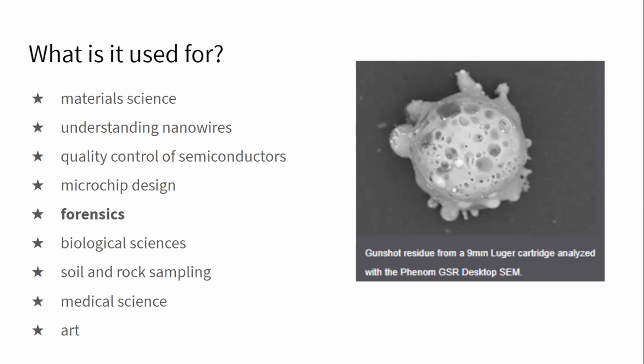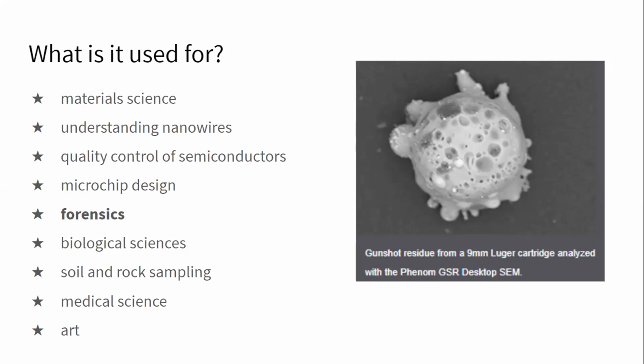So in forensics, electron microscopy can be used with microtrace evidence. So they find microtraces of glass or paint fragments, tool marks, drugs, explosives, and gunshot residue.